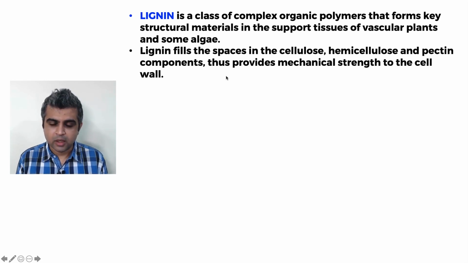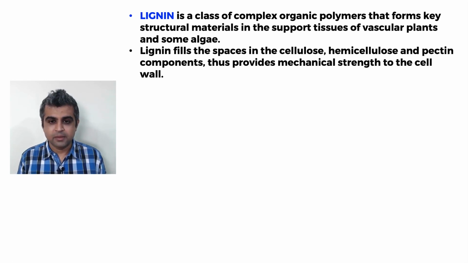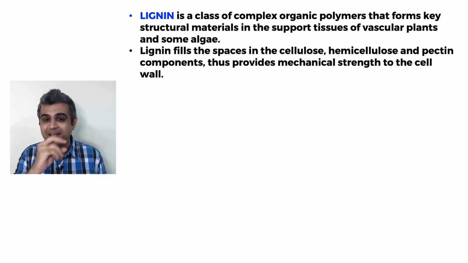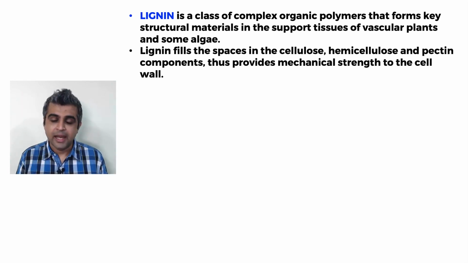About a couple of minutes back, I showed you that diagram of the cell wall with the cylinders of cellulose and hemicellulose, and surrounding it was the matrix. Now imagine a tough material which is difficult to break down, called lignin, fills in that space. If it fills in that space, and lignin is hydrophobic, what do you think is going to happen?